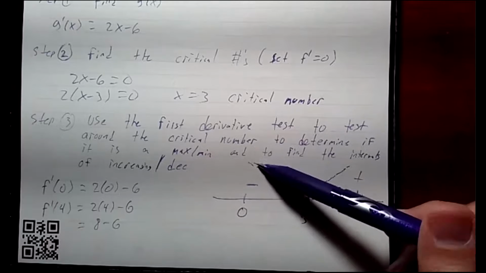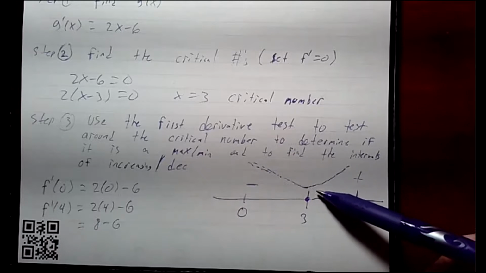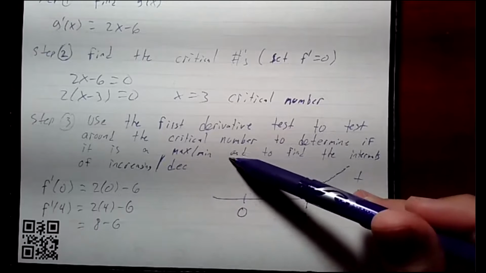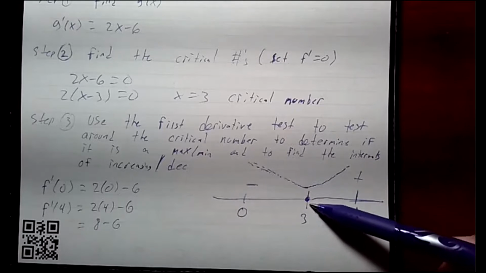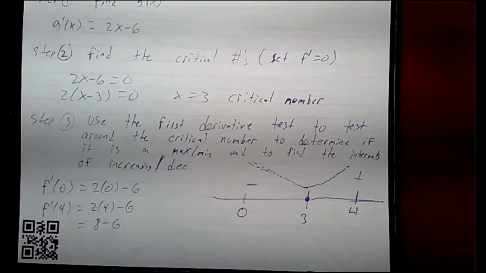So this tells us we have a minimum at 3. It also tells us that we are decreasing from negative infinity all the way until the critical number. That is the first derivative test. You see how it works.